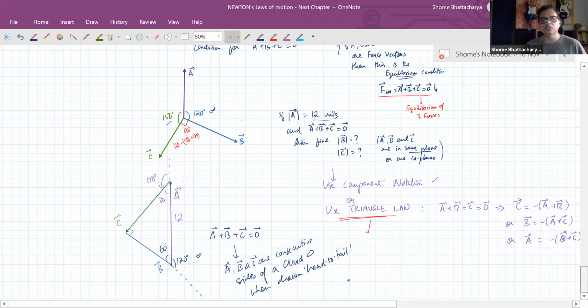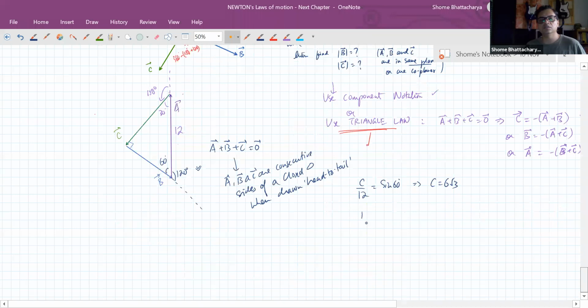So now in this you can see that magnitude of C upon 12 is sine 60. So that means C is equal to 6 root 3 in magnitude. And magnitude of B upon 12 is cos 60. That means magnitude of B must be 6. So these are the final results from you.